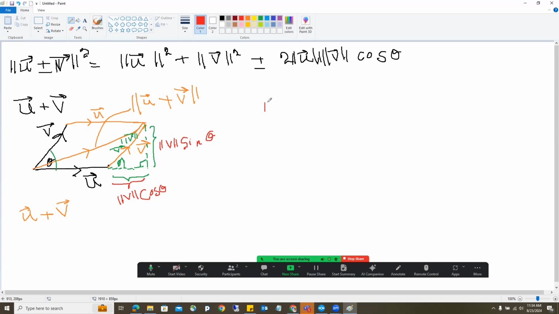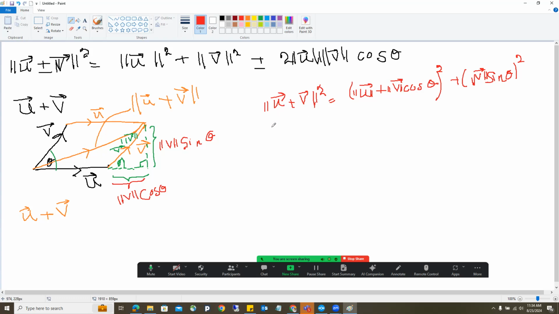So how does it work? Okay. The magnitude of u plus v, this length squared, is equal to, applying the Pythagoras theorem, this one will be u plus v cos theta, squared, plus here we have v sin theta, squared. Is it clear?